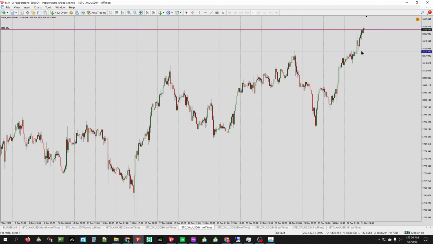We created a support at 18, we created a resistance at 1819. Once we broke above that, the resistance is now converted into support and the H1 candle again continued pushing up. Looking just at H1, I can see that there are small body candles, so the volume was dying at that point.